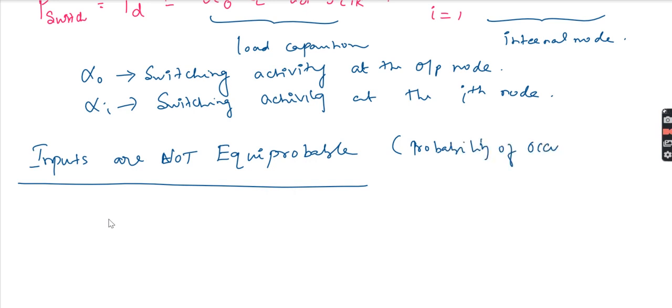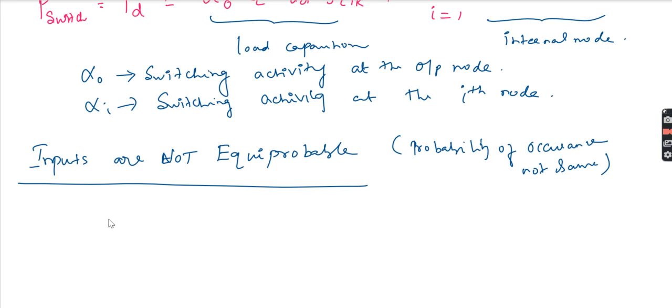So far, we have assumed that the inputs are independent of each other and equiprobable, but inputs might not be equiprobable. In such cases, the probability of transition at the output will depend on the probability of transition at the primary inputs.